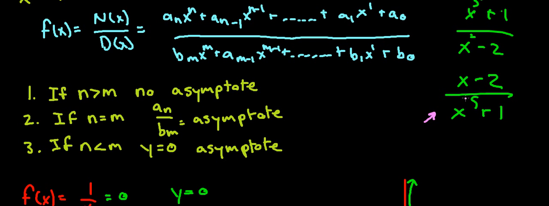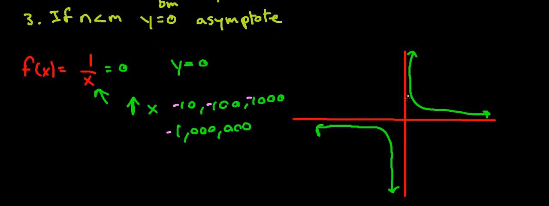And while in the other case we had no asymptote because it's just going to keep going up and up and up like this. So if I had some graph, let me just borrow this one. So if this was a situation where the numerator was greater than the denominator's power, then it would keep going up and up and up, or down, wherever, if it was positive or minus.